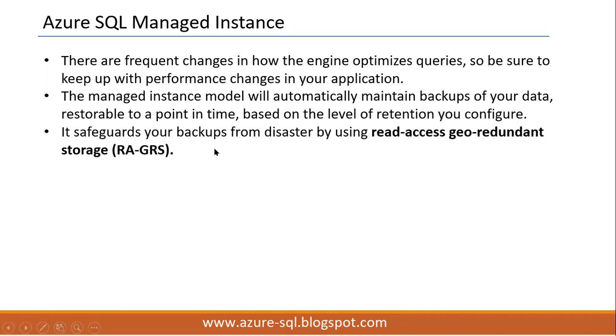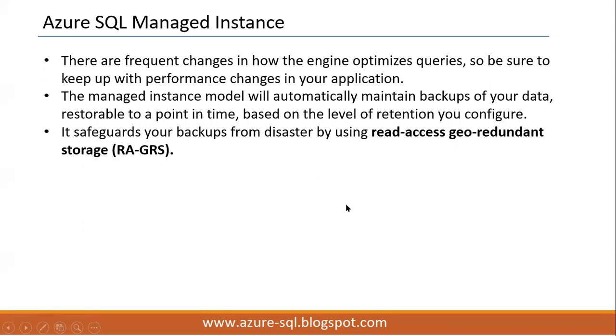In backup and restore, it safeguards your backups from disaster by using read-access geo-redundant storage. By default, the backups are maintained in RA-GRS.